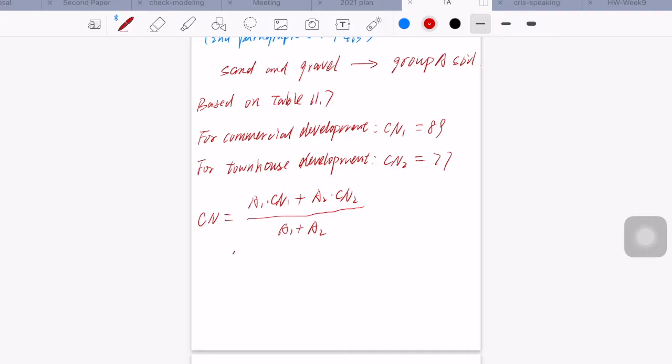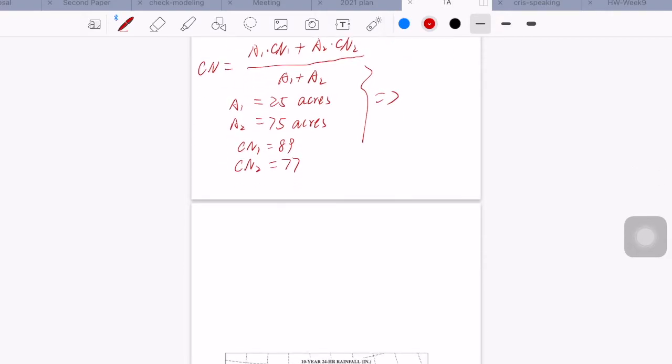From the problem, we know A1, the area of commercial development, equals 25 acres, and A2, the area of townhouse, equals 75 acres. And we know CN1 equals 89 and CN2 equals 77, so we can determine the practical CN should be equal to 80.